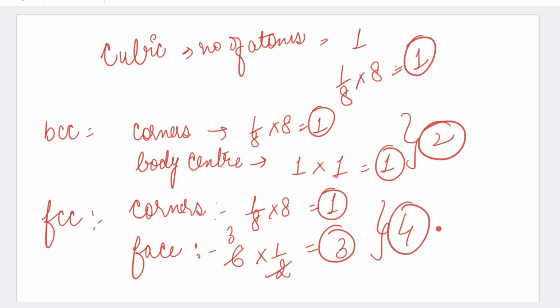Now in FCC the number of atoms is 4, in BCC the number of atoms is 2, and in simple cubic unit cell the number of atoms is 1. Okay, now these are the numbers of atoms present per unit cell.